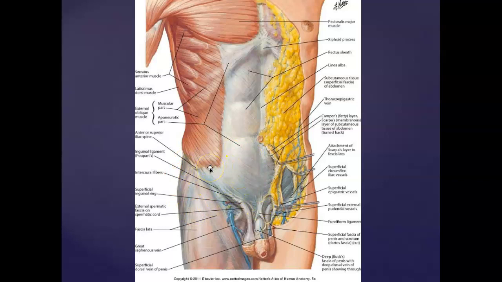Now, the Scarpa's fascia is continuous with the fascia around the thigh, which is called the fascia lata. You can see a muscle on the side here, the tensor fasciae latae. It's underneath that fascia lata, that deep fascia of the thigh. But the Scarpa's fascia is the lower abdominal fascia there.